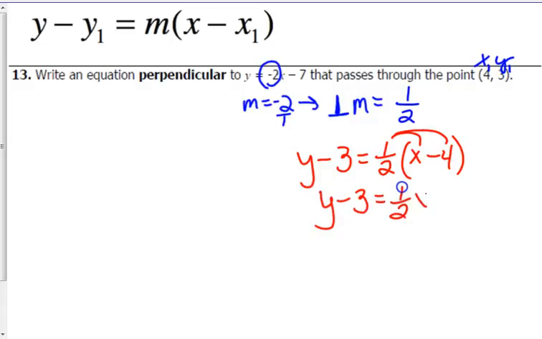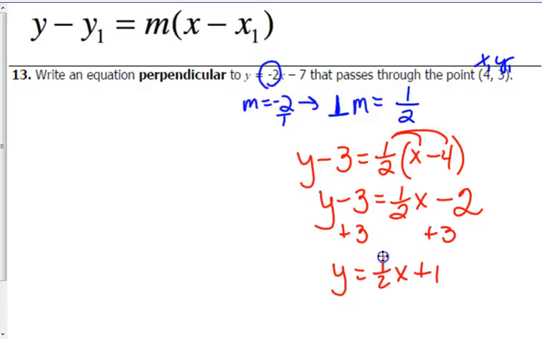Do I write plus 2 or minus 2 though? Half of negative 4 would be negative 2. Can you finish? All we have to do is what? What'd you get, Cassidy? Anybody disagree with her? You do?